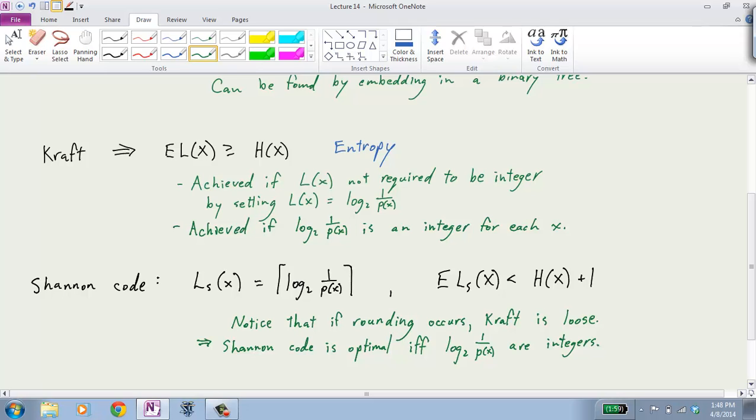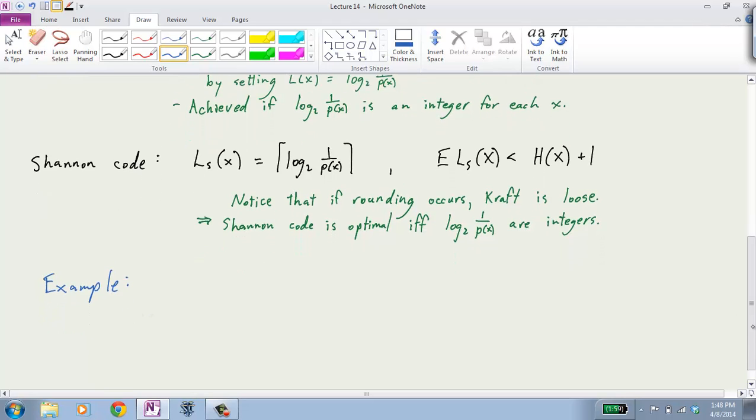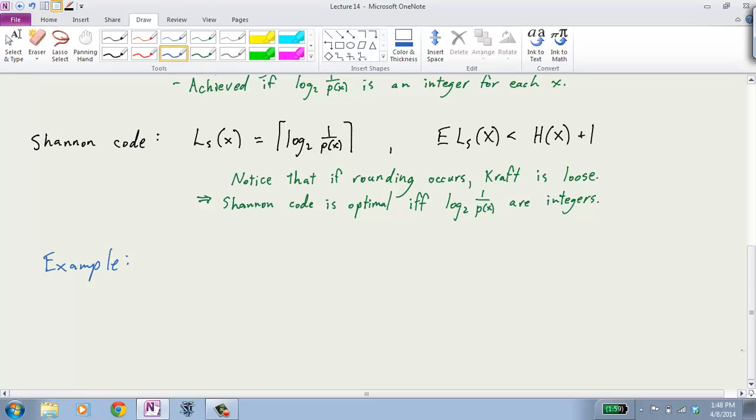Okay, so let's do an example of the Shannon code. Let our space, the values that our random variable can take, be just these 4 values, x1, x2, x3 and x4. 4 possible values, and their probabilities.